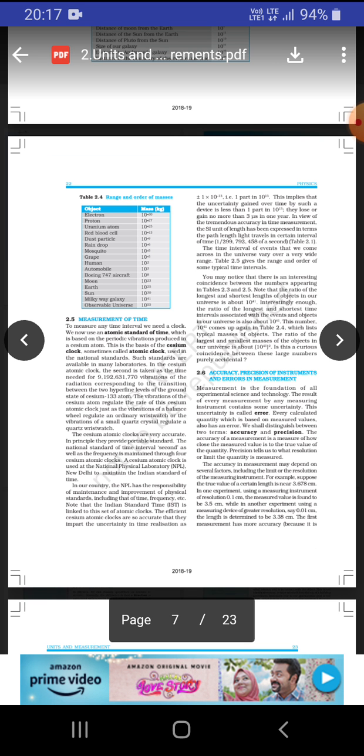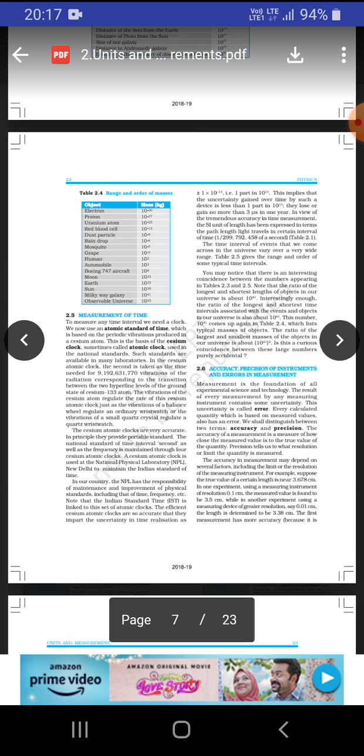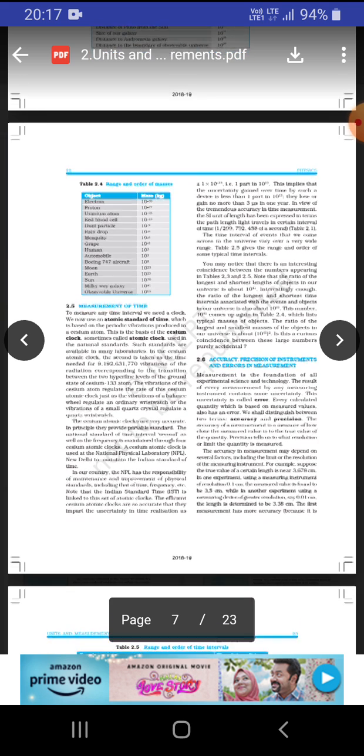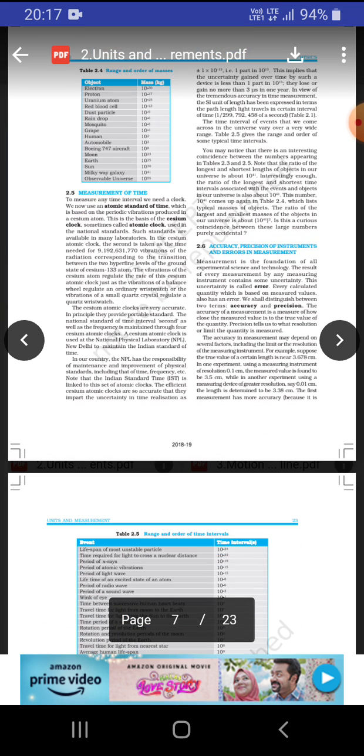The first measurement is more accurate because 3.5 is very near the true value, while 3.38 is a little bit far from it.